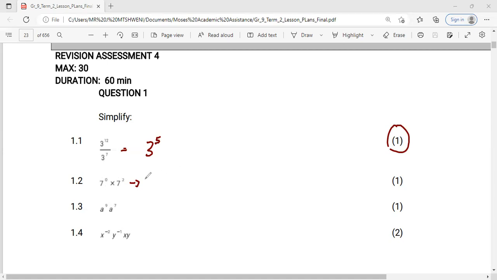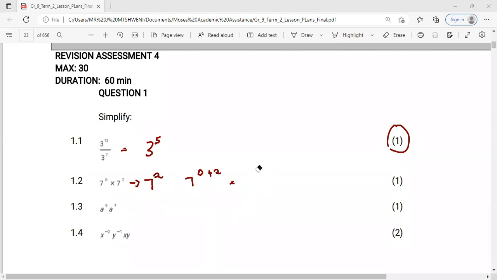They are the same base, so 7 to exponent 0 plus 2. 0 plus 2 is still 2, so you will have 7 to exponent 2. That's why it's still the same. I haven't changed it here.